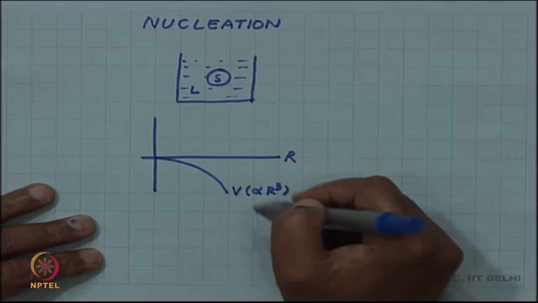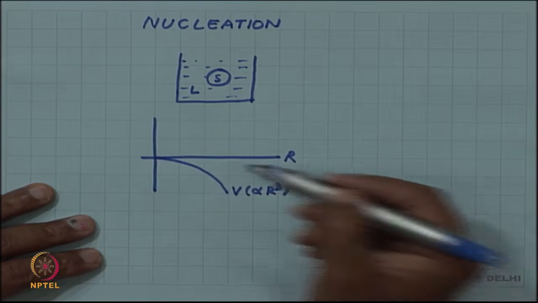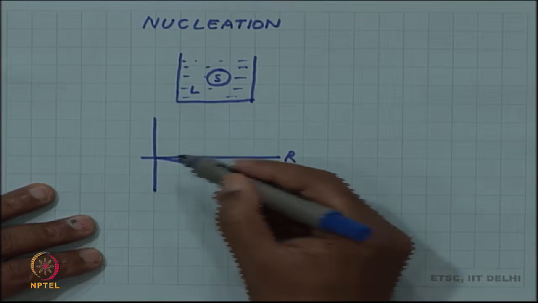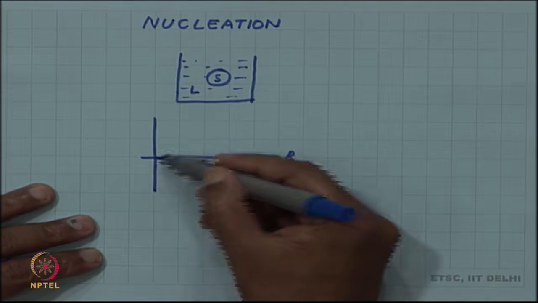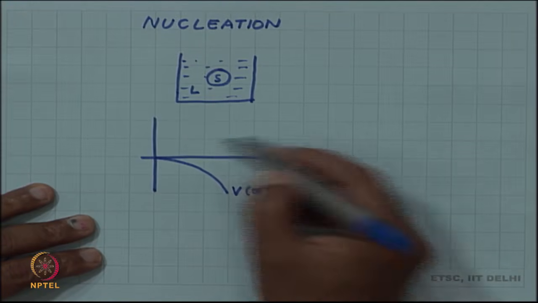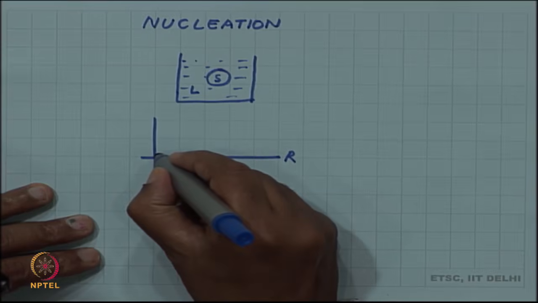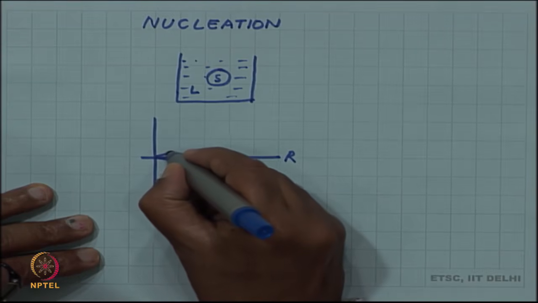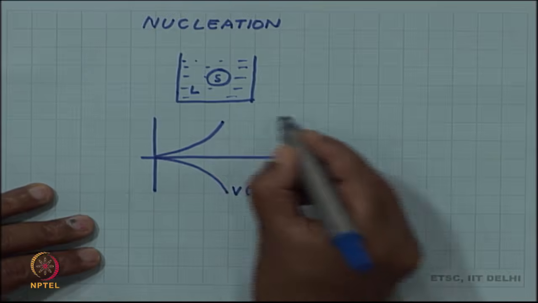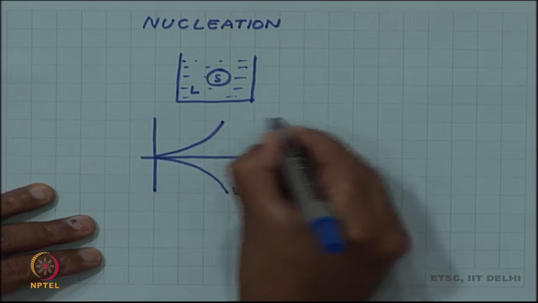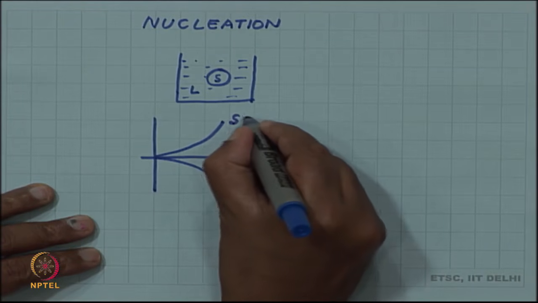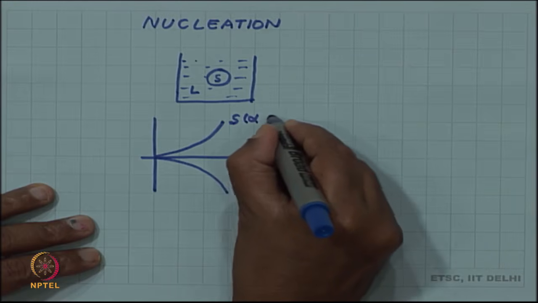But then there is a barrier to nucleation. If this was the only case, nucleation could have happened right from the beginning at any given radius, but there is a barrier to this nucleation, and that comes in terms of the surface energy, and the surface energy term is positive and is proportional to R square.